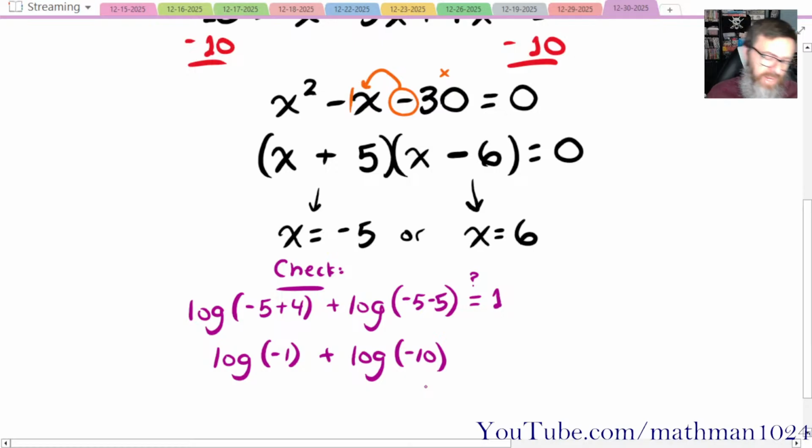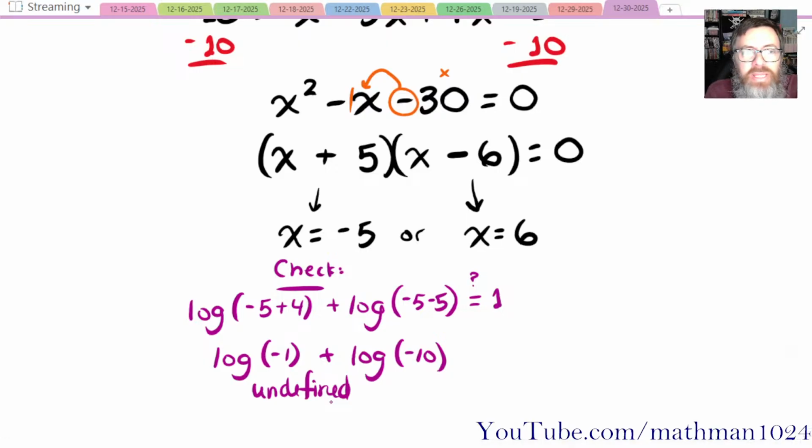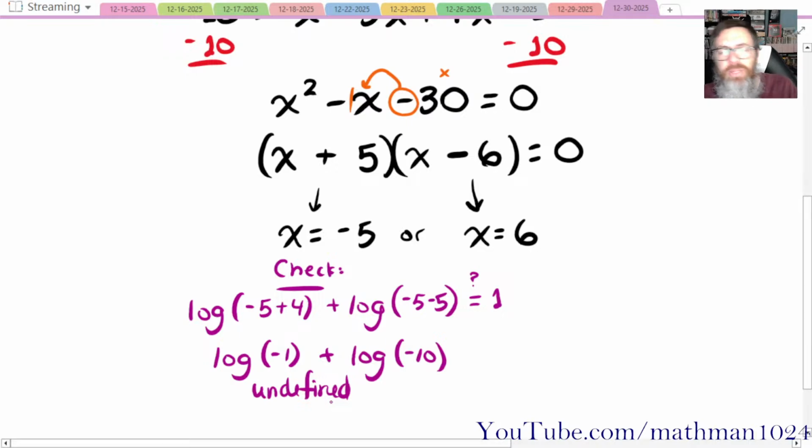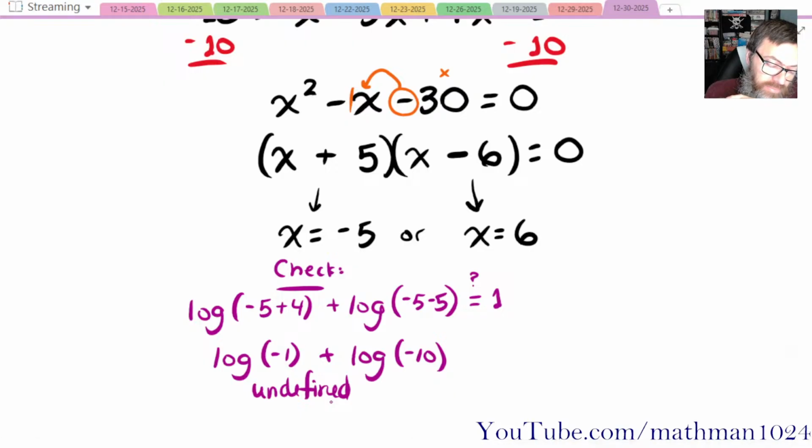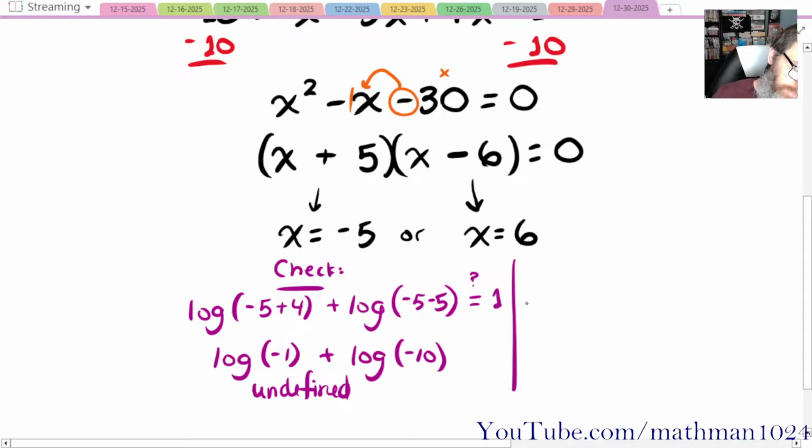The problem with that is that both of these guys are undefined. The domain for any log has to be positive. You can't plug in negative numbers into the log. Now, you can get out negative numbers, but you can't plug them in. So yeah, we have something that is undefined. Well, let's check this other one.